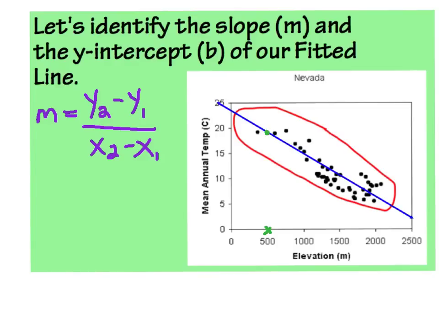And I'm also going to find a point on my fitted line that's around the 2,000 meter elevation. So from 2,000, I'm going to go straight up to my line of best fit about here and put a point. So these are the 2 points that I'm going to use to calculate my slope.